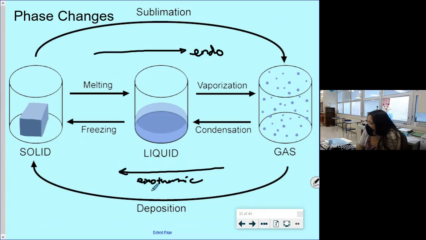So that heat energy is exiting the system. Here, this is endothermic. You put something on the stovetop and heat is entering that system. You're adding heat energy in. And you can see solid, liquid, gas, right? You could start out with ice in a pot and it would take longer, but you could do it.